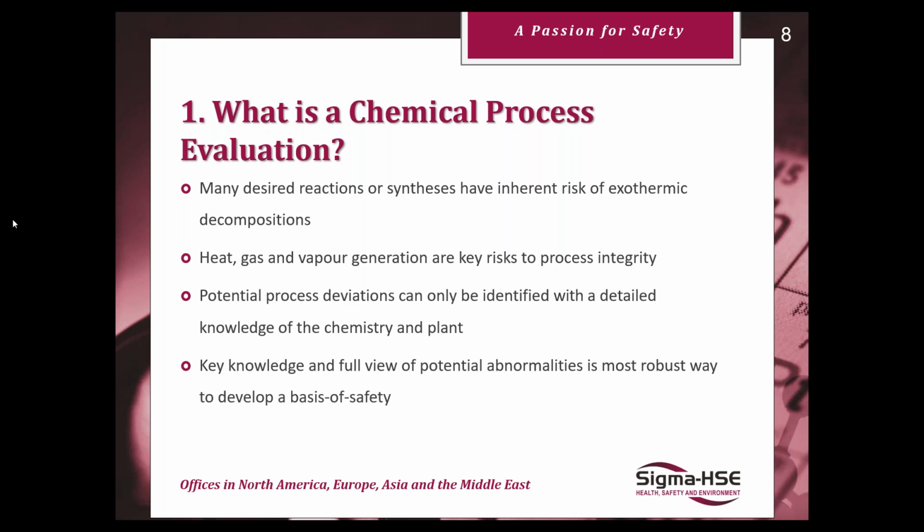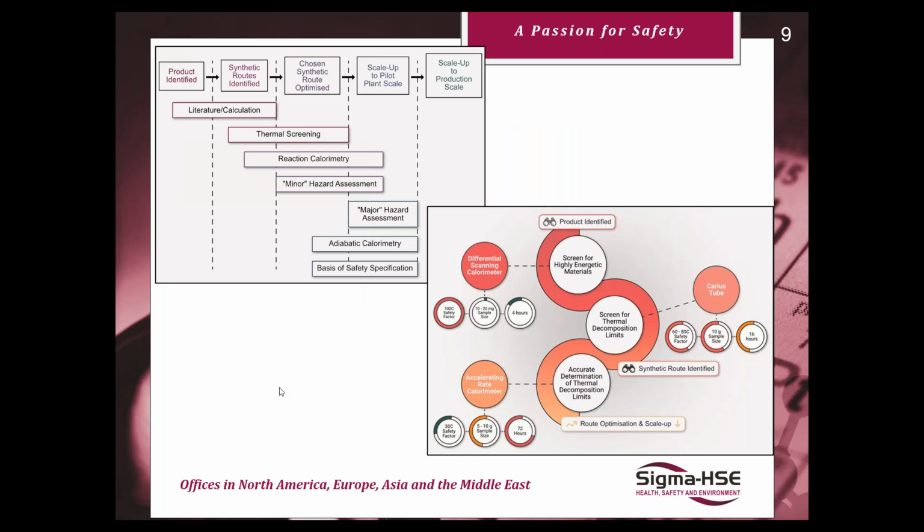So this full view of any potential abnormalities and this in-depth knowledge is the most robust way to develop a basis of safety for your desired reaction or process. I'll click on.